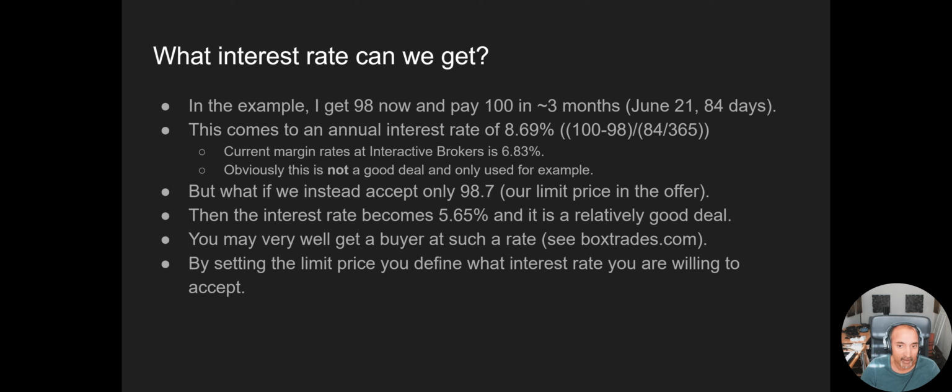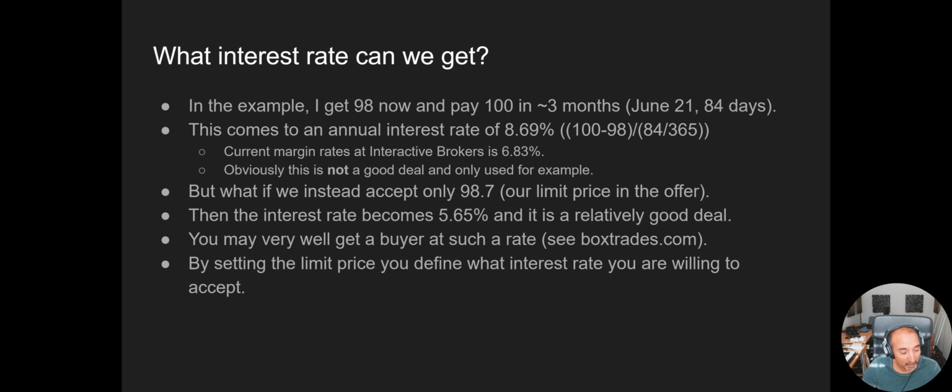But what if, instead of accepting 98, I accept 98.7? This is essentially our limit price in the offer. In this case, the annual interest rate becomes 5.65%. And in the current market, this is actually pretty good. And you may very well get a buyer at such a rate.